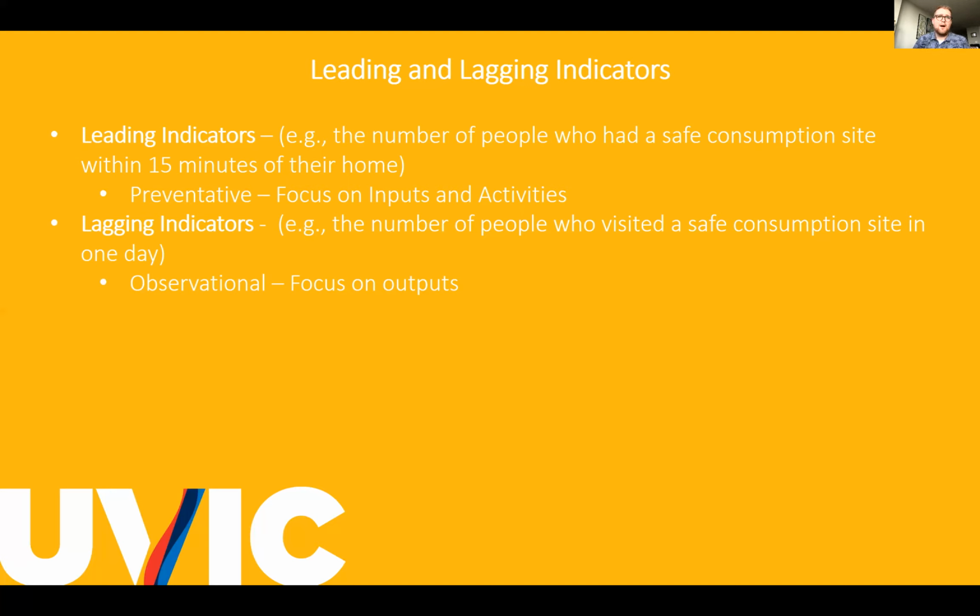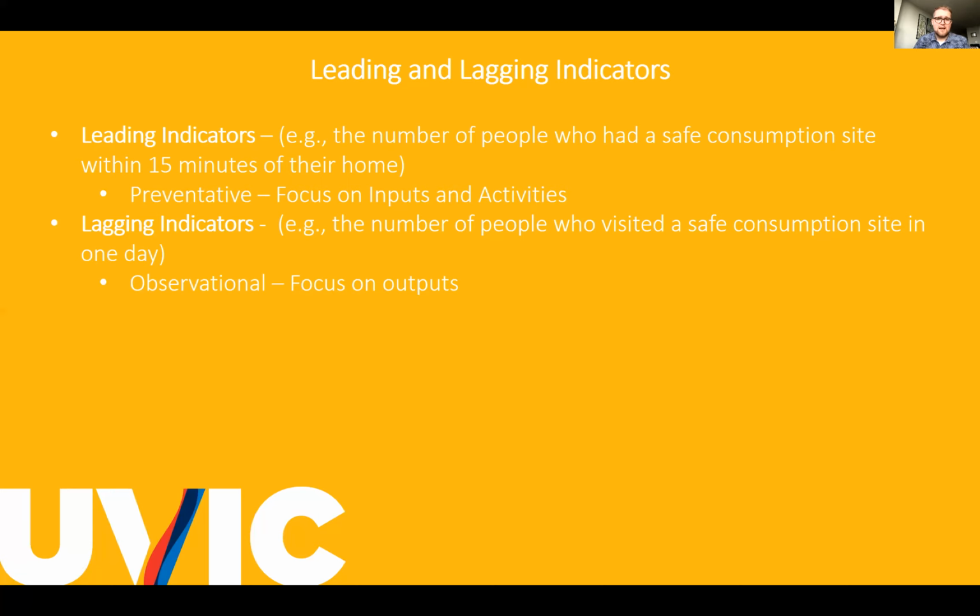And so oftentimes businesses and organizations, whether they're nonprofit or for-profit, will focus on lagging indicators, which would be something like the number of people who visited a safe consumption site. But there is an increasing body of research that shows if you actually think about the leading indicator, the thing that will facilitate and drive outputs and outcomes and impacts, that will tend to be a more effective program.